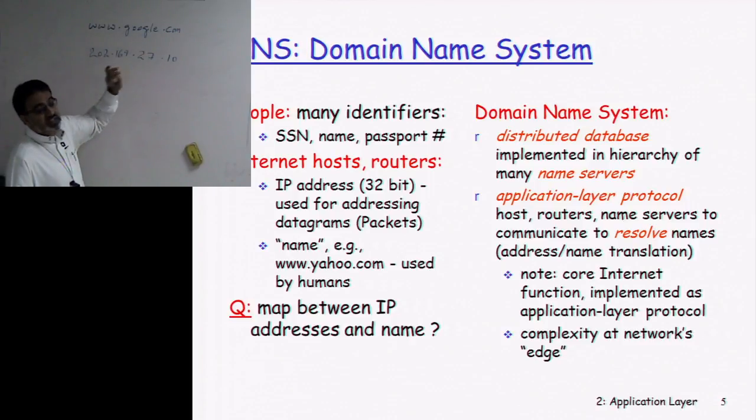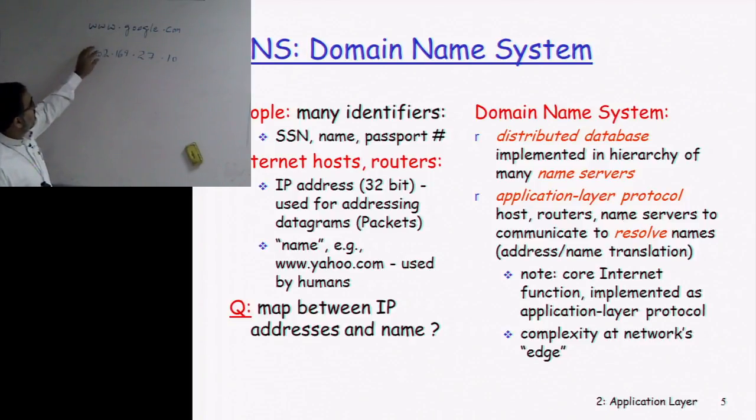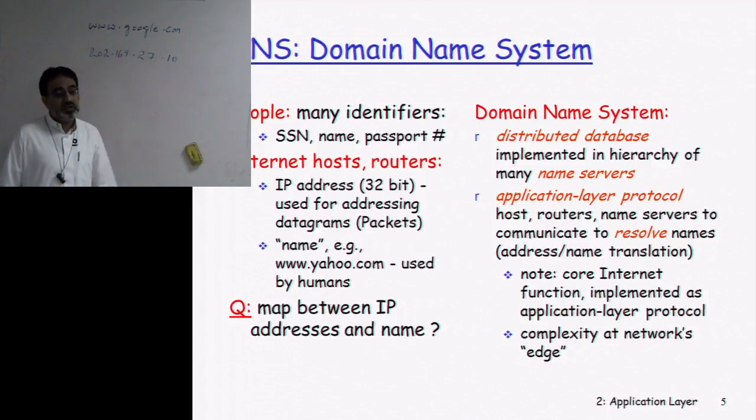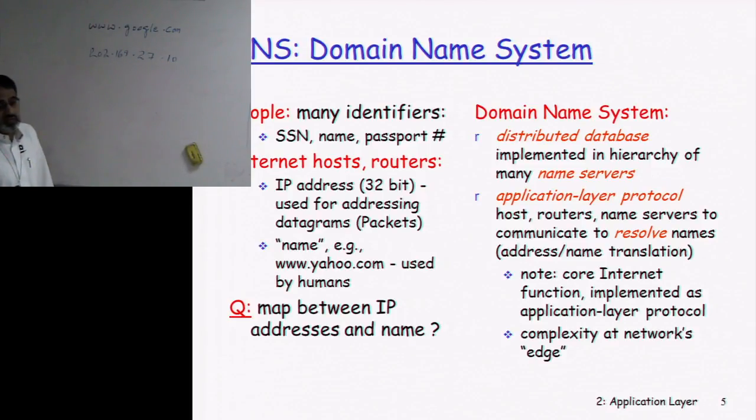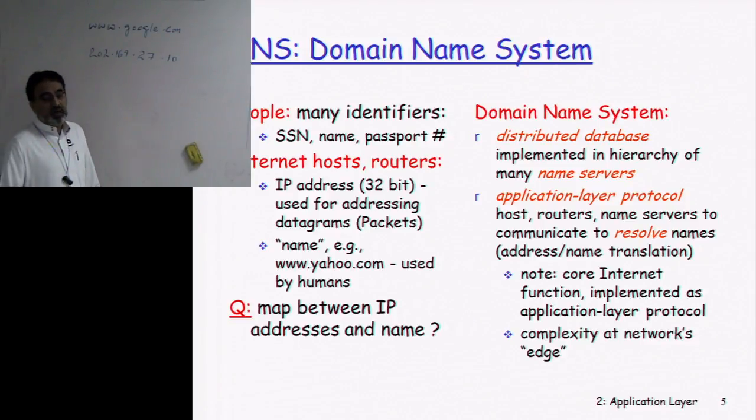It will retrieve the IP from the DNS server database and the IP is sent to the router. The router will route the traffic to that IP address on the internet, and it will bring back the reply from that IP address, and the Google web page will be displayed here on the computer.